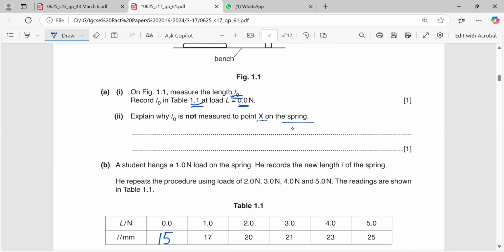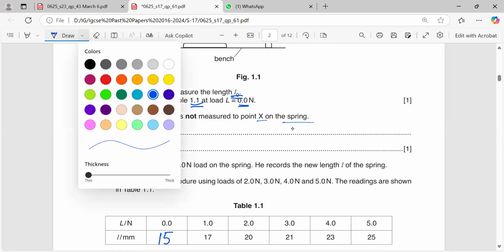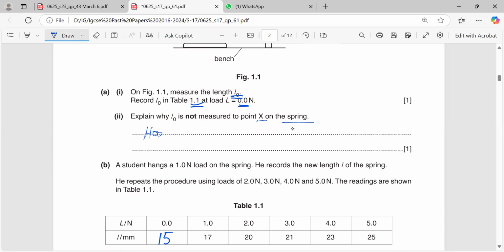So that's what I'm going to write: hooks are not stretching with load.